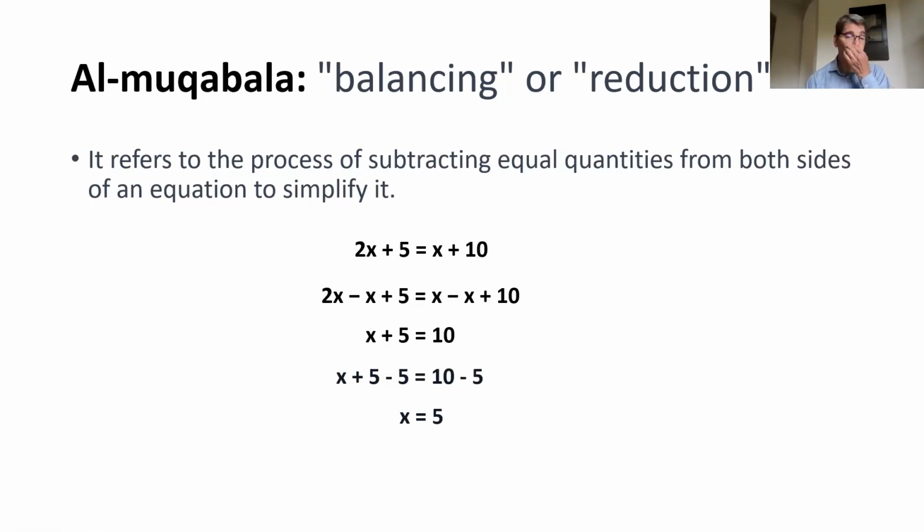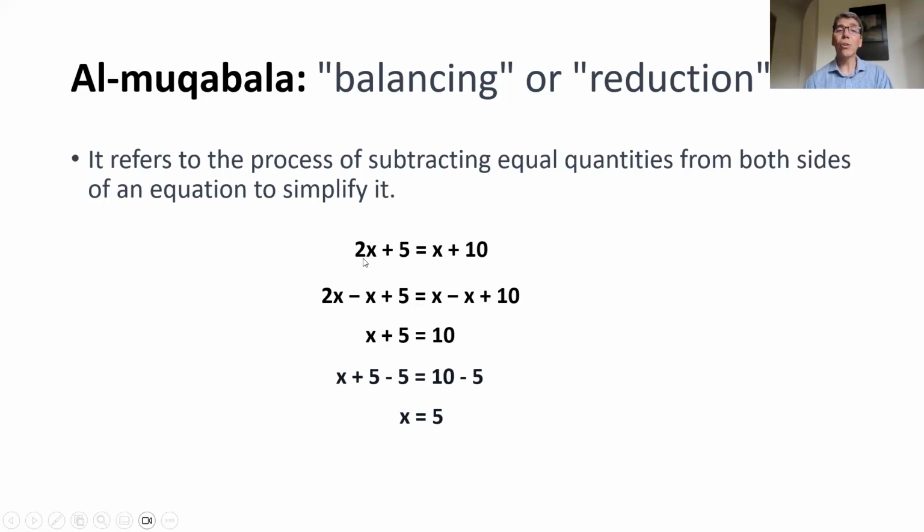So what we are going to do is try to put x on one side. By the process of balancing or reduction, al-Mukabala, we are going to subtract x from both sides of the equation.